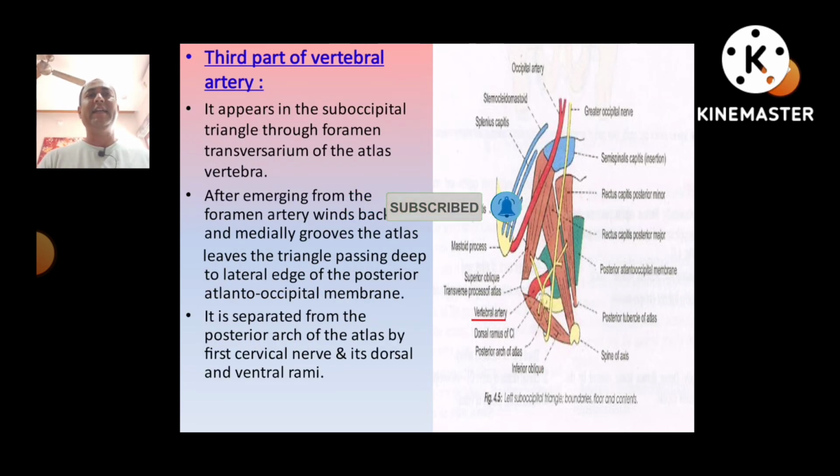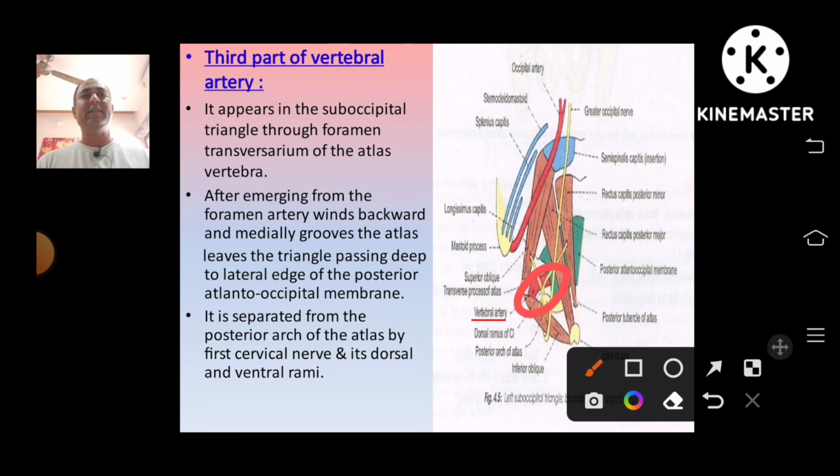The fourth content is third part of vertebral artery. Here you can see the red color part. This one is the third part of the vertebral artery. It appears in the suboccipital triangle through foramen transversarium of the atlas vertebra. After emerging from the foramen, artery winds backward and medially, grooves the atlas, leaves the triangle, passing deep to the lateral edge of the posterior atlanto-occipital membrane.